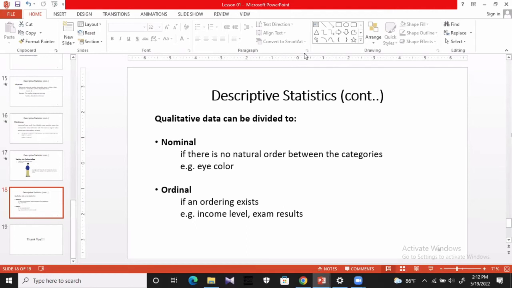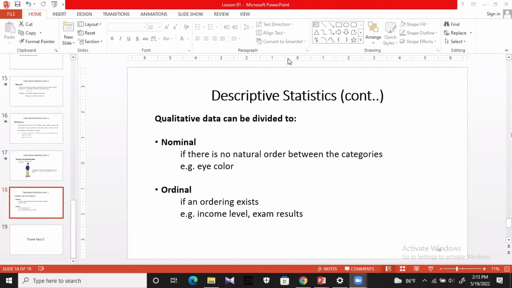But if you consider ordinal data, it can follow a natural order. Ordinal data. Okay. Some of you asked about ordinal and nominal data again. I will explain it again. Qualitative data can be divided into two parts, nominal and ordinal.